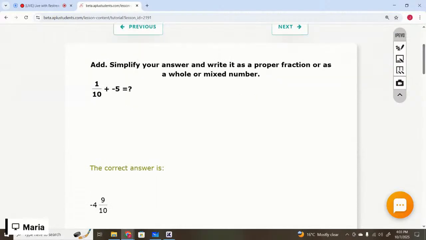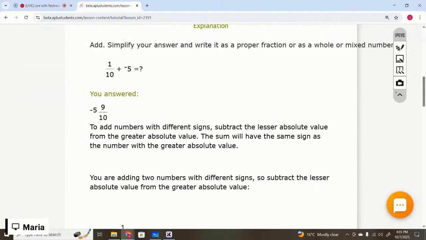Add 1 by 10 plus negative 5. So we are going to add 1 by 10 plus negative 5.